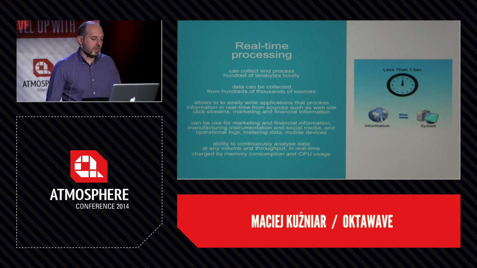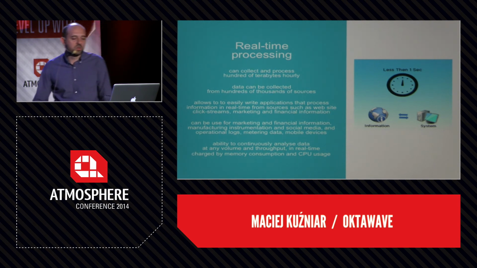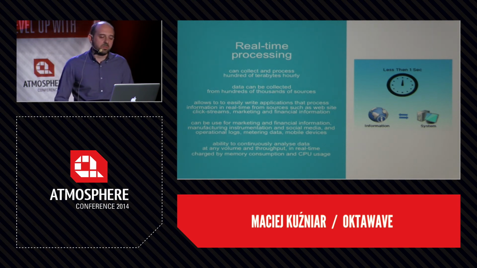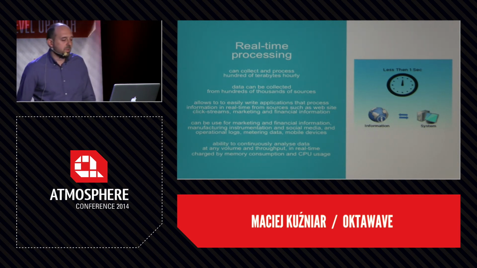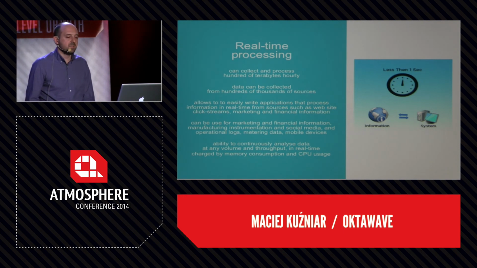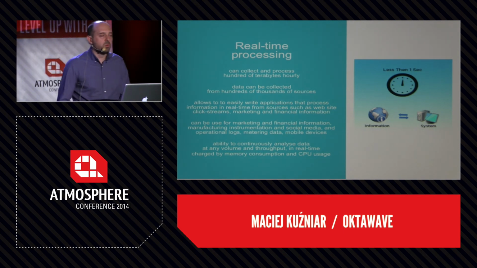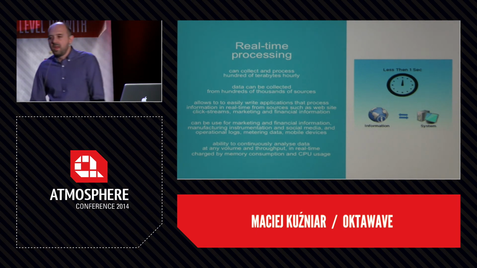It allows us to easily write applications that process information in real time, as I said before, such as website click streams, marketing and financial information, operational logs, metering data, mobile devices, and so on. The strength of the service is the ability to continuously analyze data at any volume and throughput in real time.